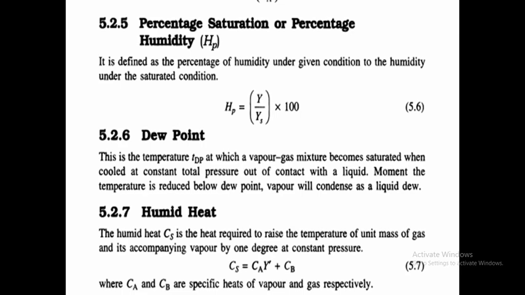Cs is equal to Ca into Y dash plus Cb, where Ca and Cb are nothing but the specific heat of vapor and gas. Capital Y dash is equal to mass absolute humidity.